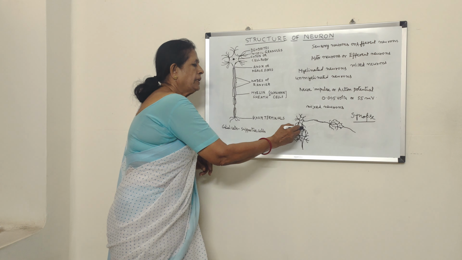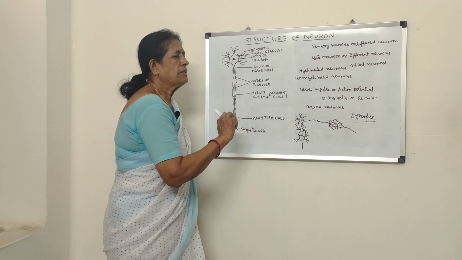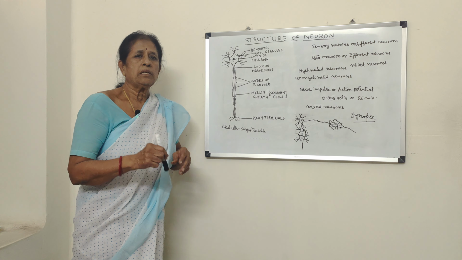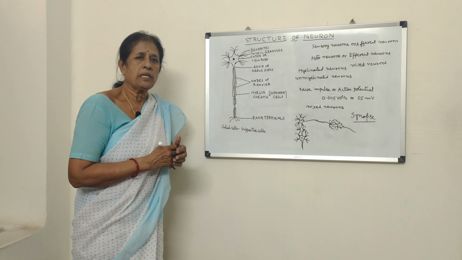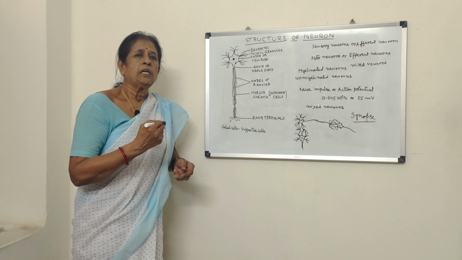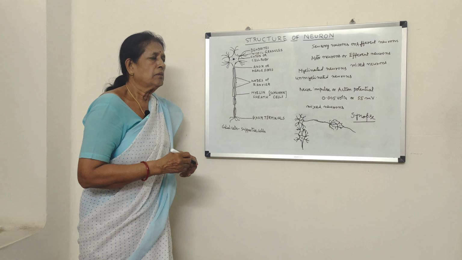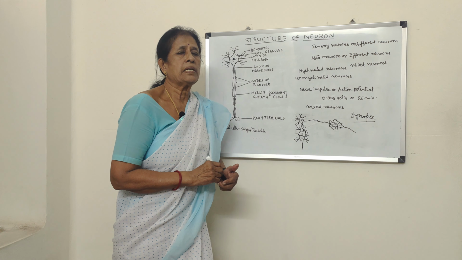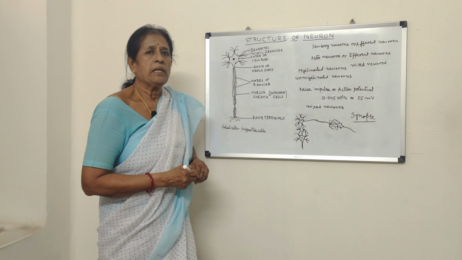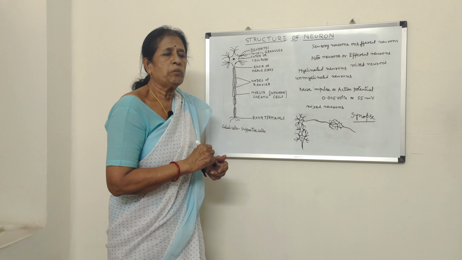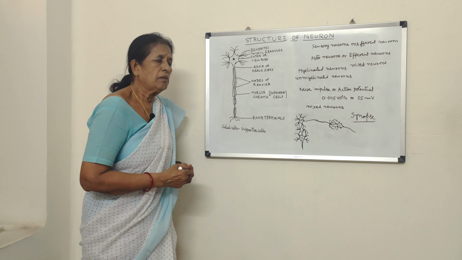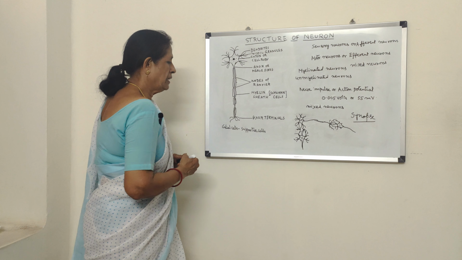At a particular gap, they release chemical substances and send the impulses. That means impulses are sent from one part of the body to the brain or spinal cord, or from the brain or spinal cord to other parts of the body. So synapse is the site of contact between two neurons where the impulses are sent, either between two neurons or to the effector organ, that is glands or muscles.